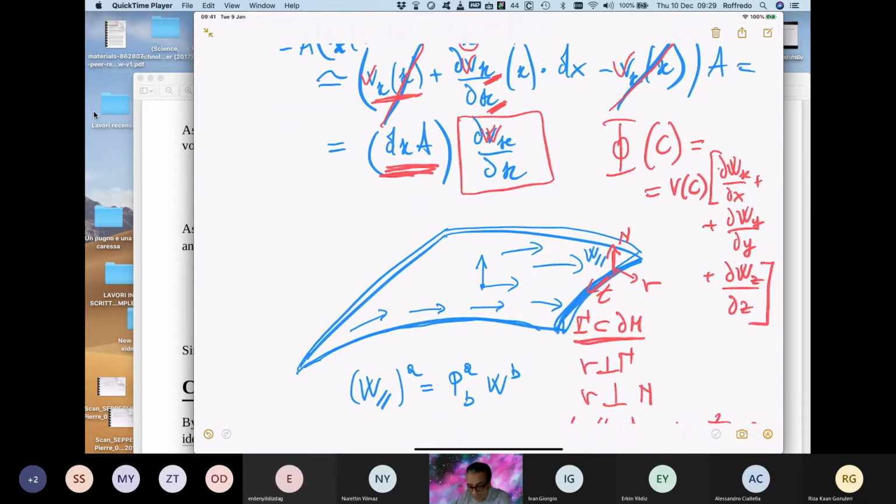And now you understand why Gauss defined the divergence in this way.